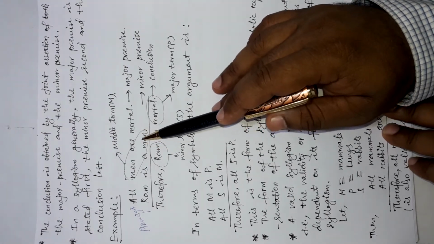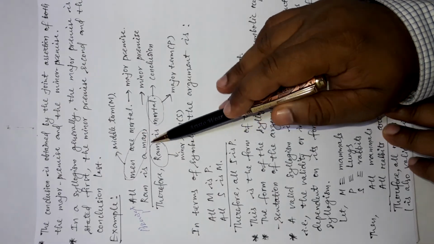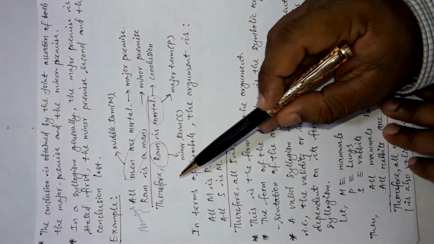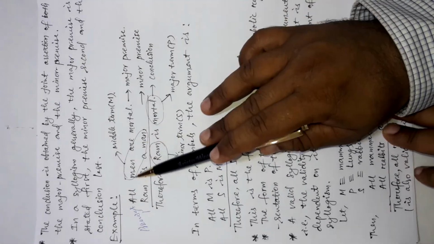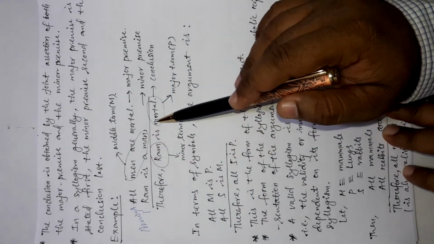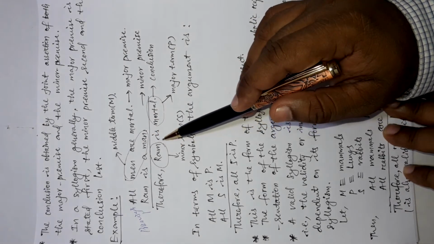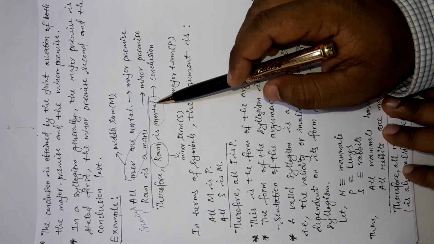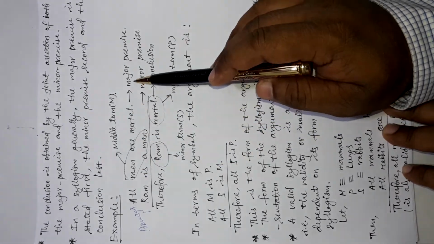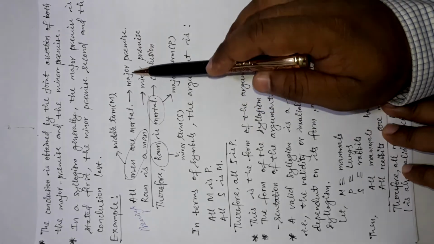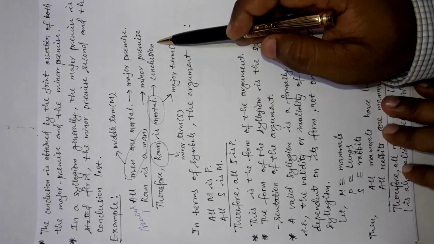Because it has two premises and one conclusion, only two premises and one conclusion. Why is it called a categorical syllogism? Because all these three propositions are categorical propositions, coming under the A, E, I, O groups. Now, the first premise is called the major premise, the second premise is called the minor premise, and the third is called the conclusion.